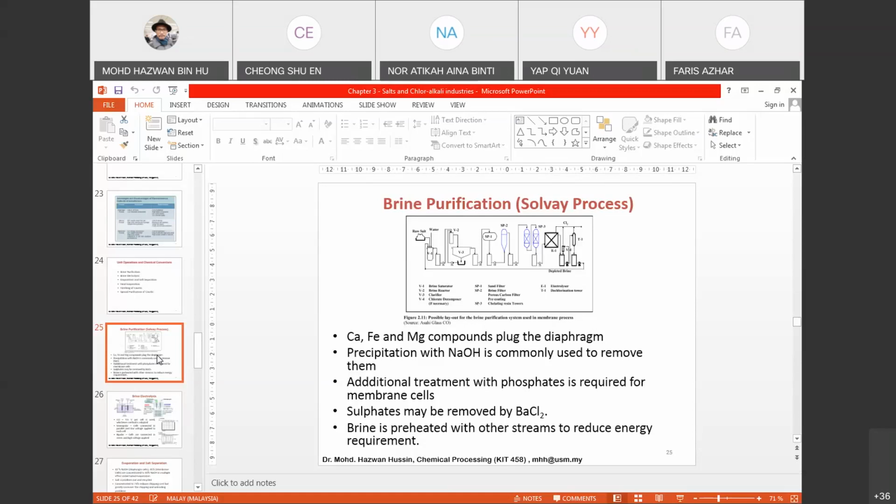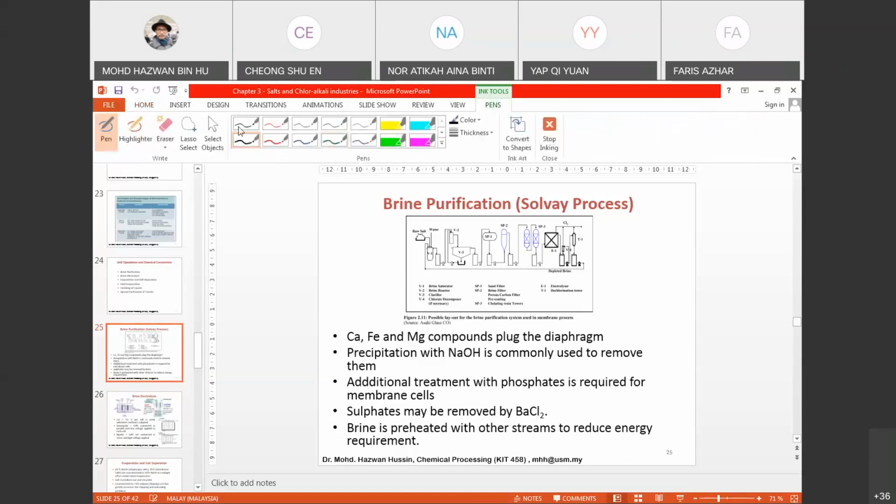The last point, what it means is that when you slightly heat or distill, distillation, the brine solution will be more concentrated.